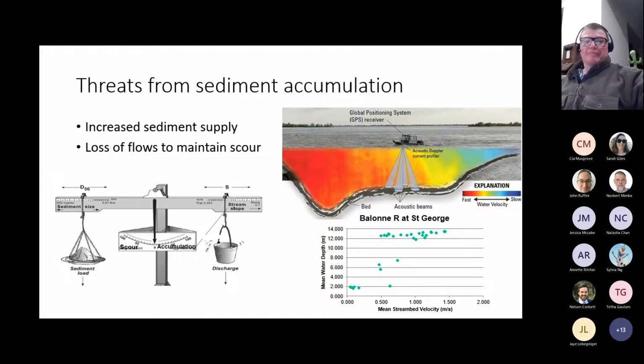So we've looked a little bit at the relationship between flow and potential scour. We've done that using the Doppler stream gauging data that the hydrographers collect for rating stream gauges.